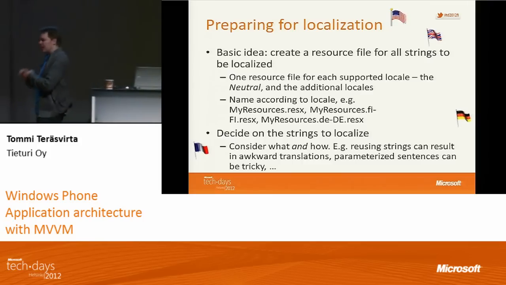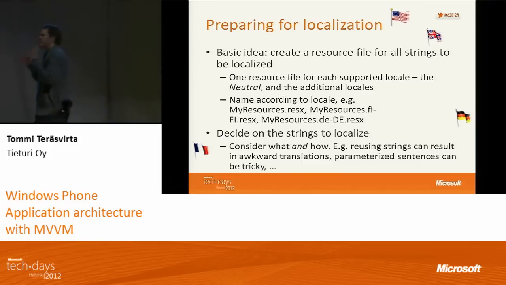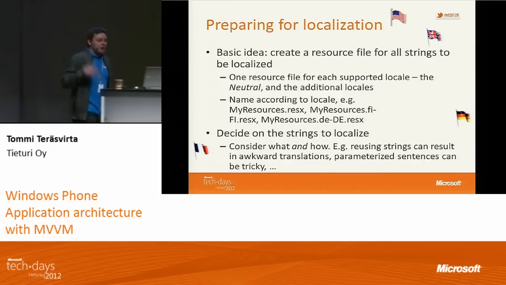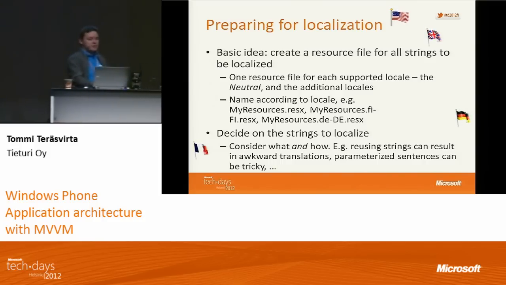That's a special language. So if you don't specify any language, you're working with a neutral language. And that's what you set in the assembly info for Windows Phone. By default, it's set to the same language as you have for Visual Studio, but you can change it to something else. And then for the additional languages, we create resource files.